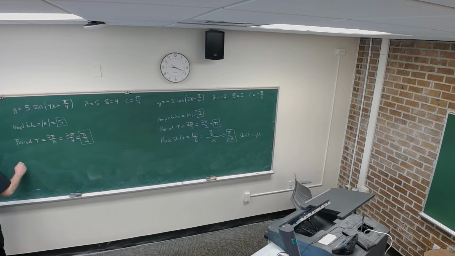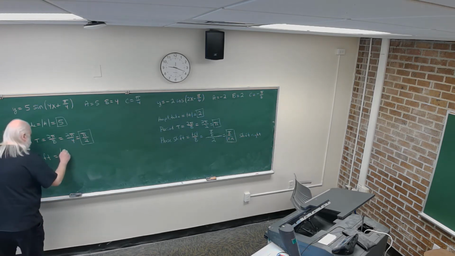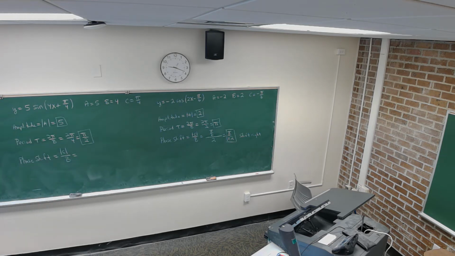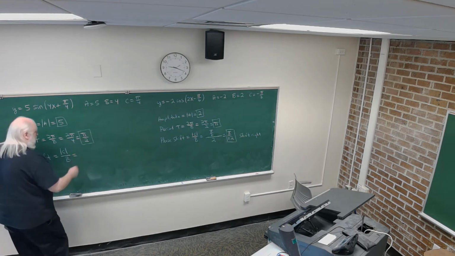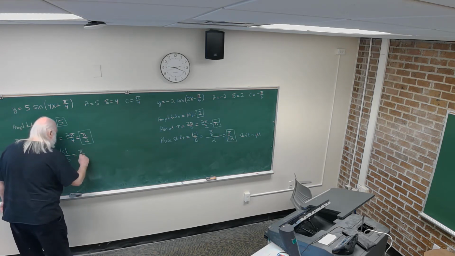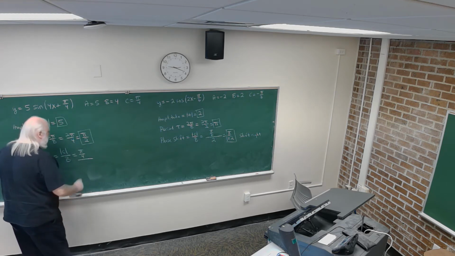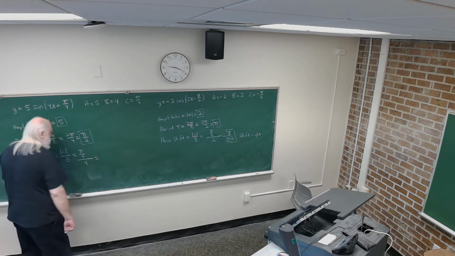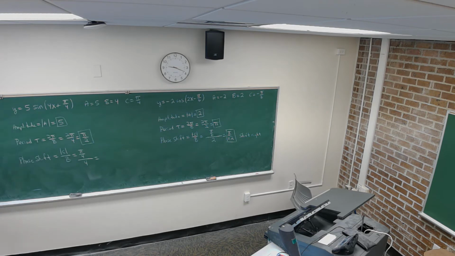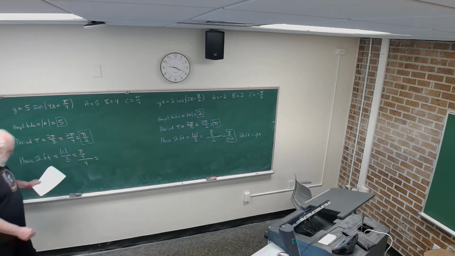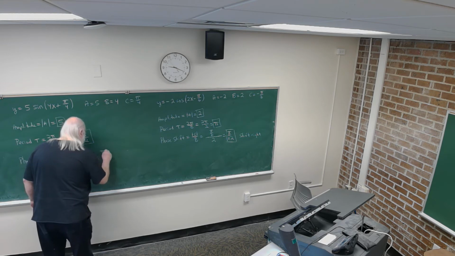And then lastly, we have the phase shift, which is the amount of the horizontal shift. The absolute value of C in this case is the absolute value of pi over 4, which is pi over 4. And B is equal to 4. And pi over 4 divided by 4 is pi over 16.